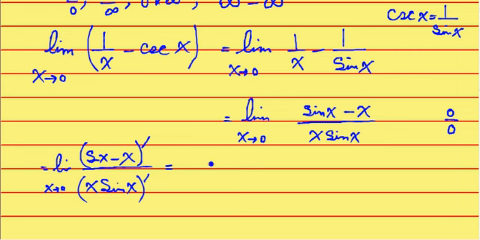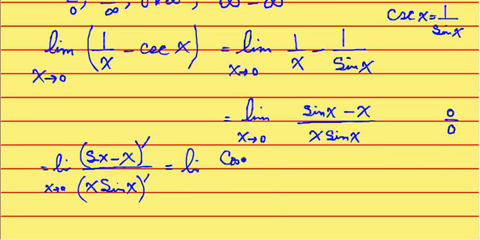Sometimes you have to repeat this differentiation several times. If at some level the limit exists, then you are done. If it is not settling down to a limit, then the process is not successful and you have to think of something else. We go ahead and differentiate this.